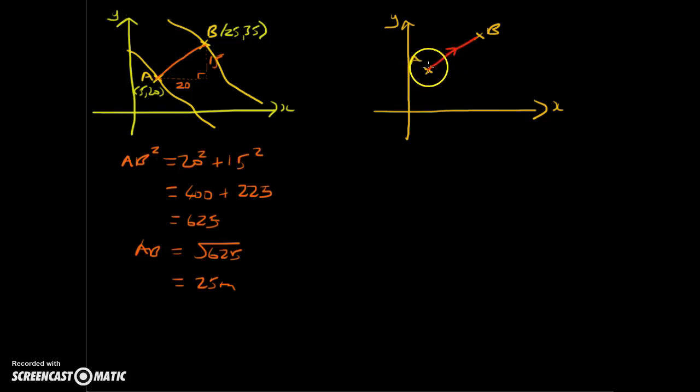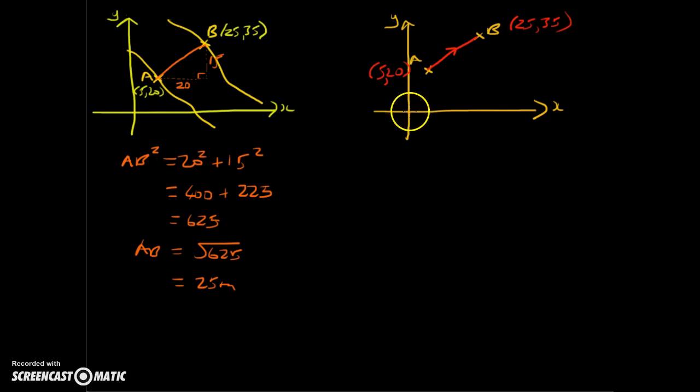So let me put in the points again. It's 5, 20 for point A, and 25, 35 for B. Now, what we're going to do is use a thing called position vectors to help us. And our position vector is the vector from the origin to the point.